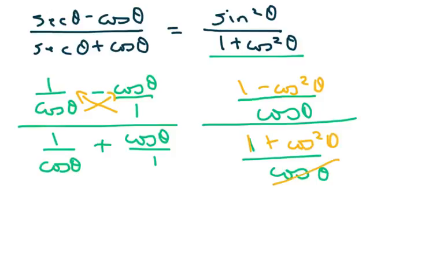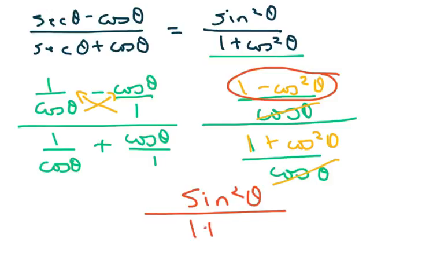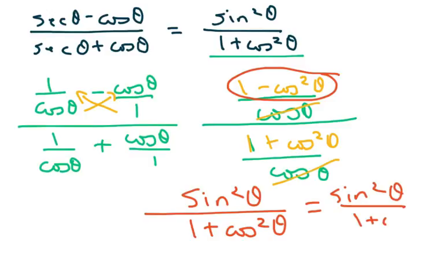All right? These two cancel. This piece equals sine squared. And just copy down your denominator. And that does equal sine squared theta over 1 plus cosine squared theta. So we matched it up and we proved the identity.